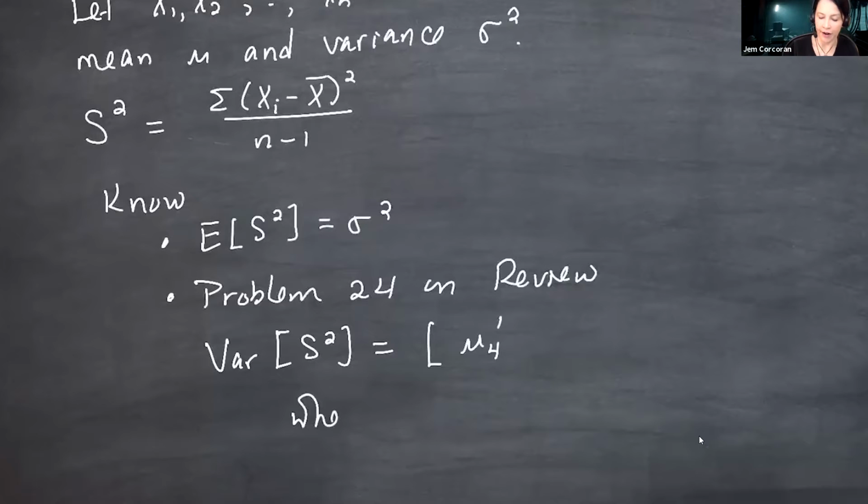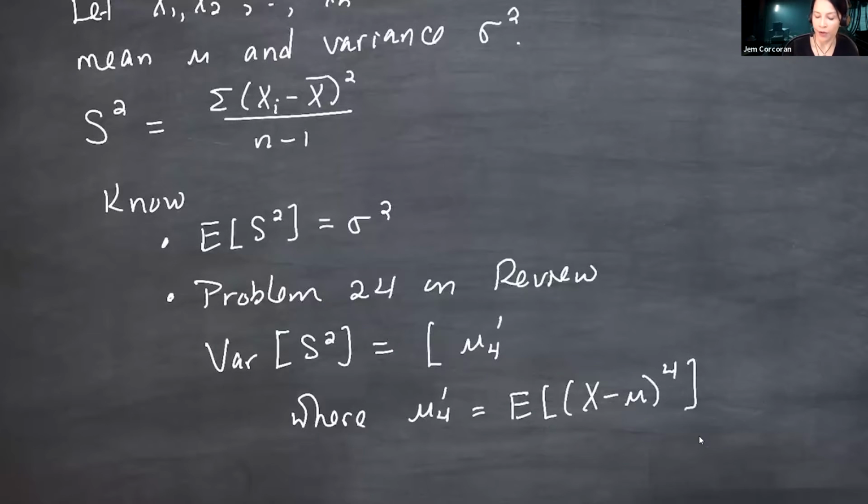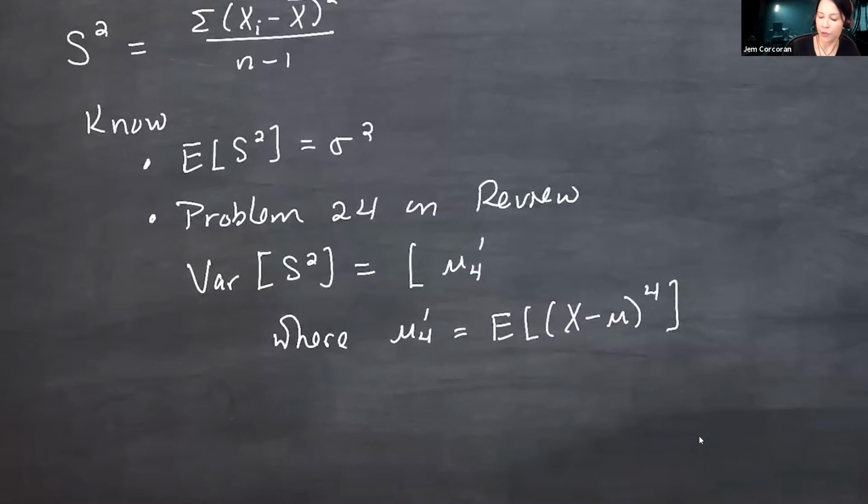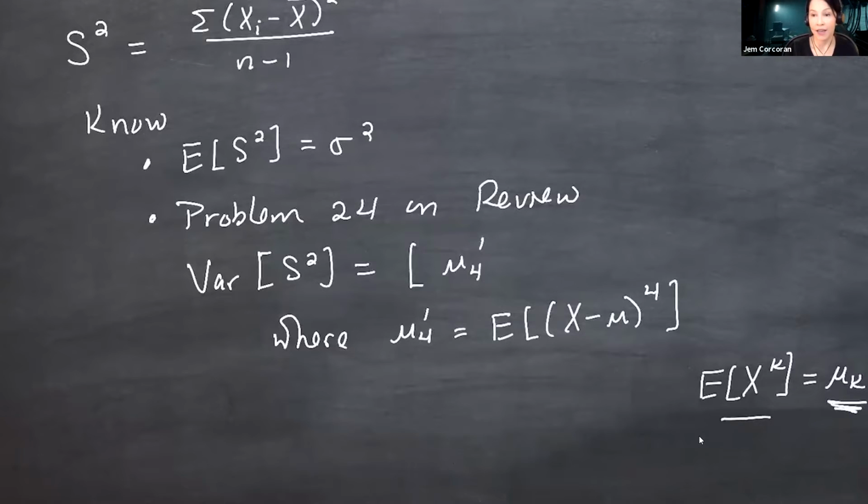So down here, mu4 prime is, that's not a derivative, but it's usual notation for when you have centered the moments. A usual notation for the expected value of x to the k is mu sub k, and mu sub k prime means you have centered it around the mean. But we'll talk about that later. This is just a definition.